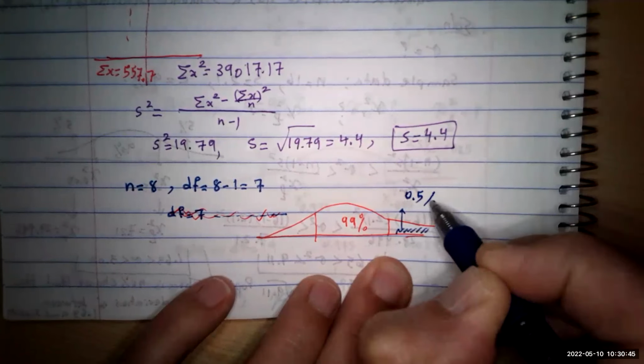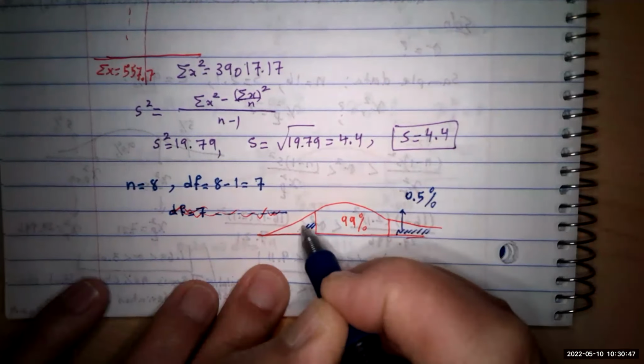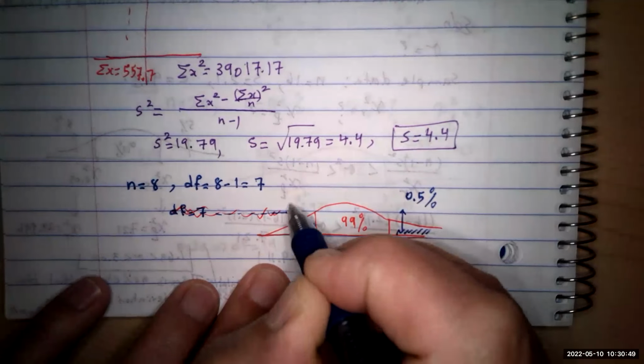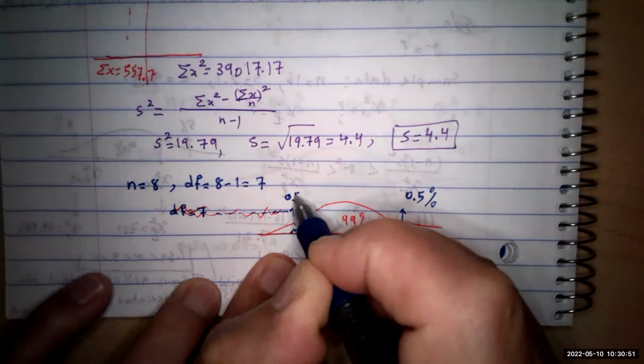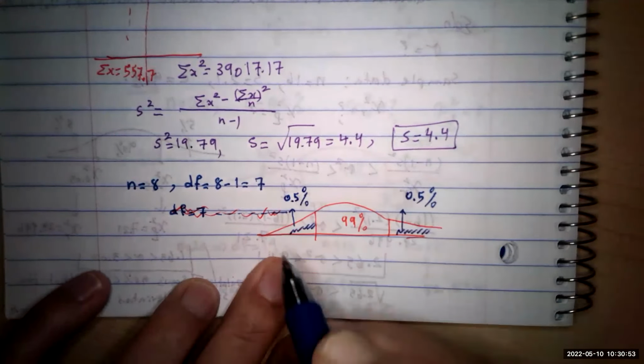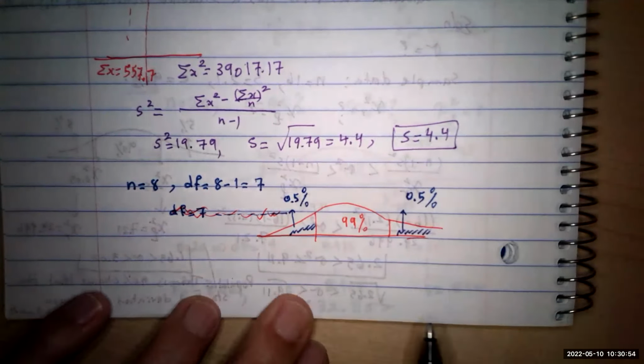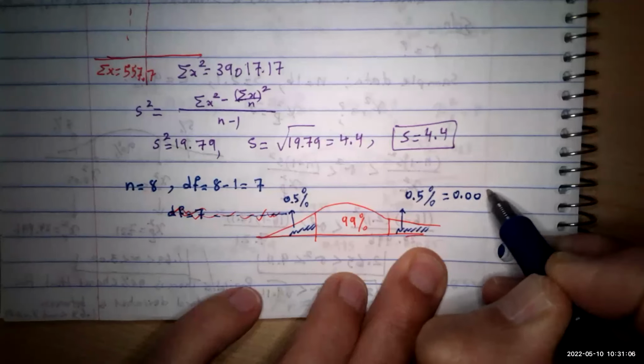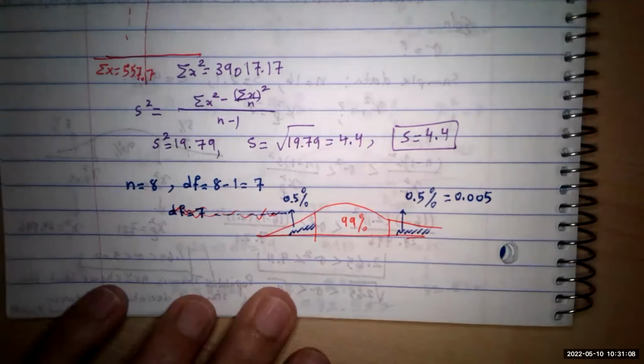You get a 0.5% here, and a 0.5% over here. So the leftover of the 100 is 1%. You divide it by 2, that gives you 0.5%. You move the decimals twice to the left, so that's going to be the number.